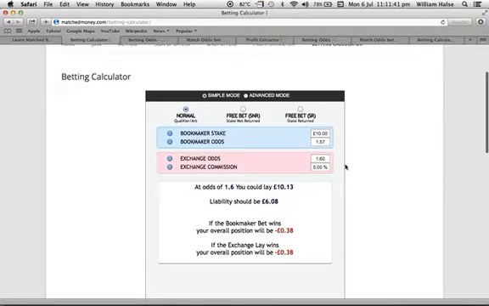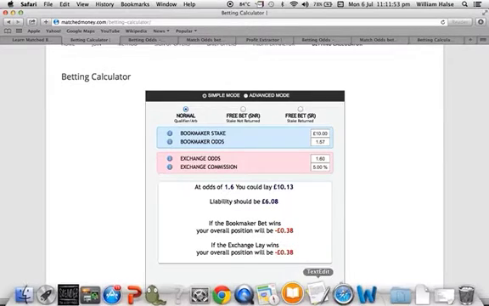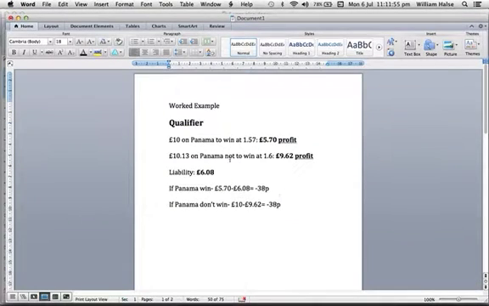So all I did was put this into the calculator, so 1.57 for the Paddy Power odds, and 1.6 for the lay odds at the betting exchange, and it came up with these numbers. So if we take a look at our worked example for a qualifier bet, we've put £10 on Panama to win at 1.57, which is a £5.70 profit, and we've laid £10.13, meaning we've taken £10.13 of someone else's money and said Panama won't win.